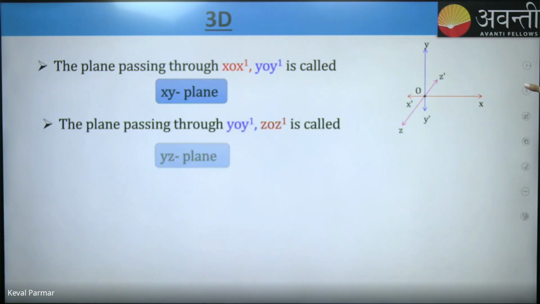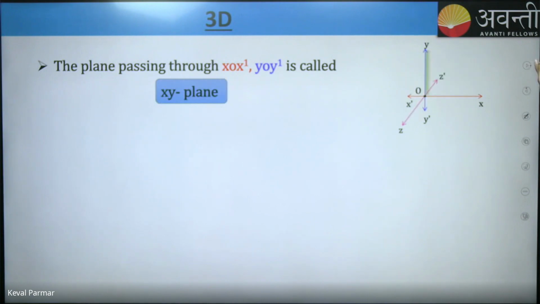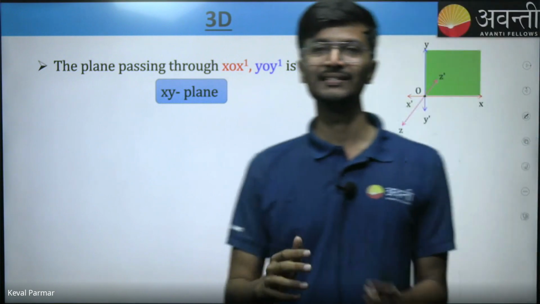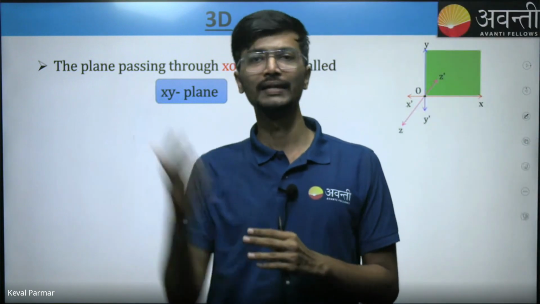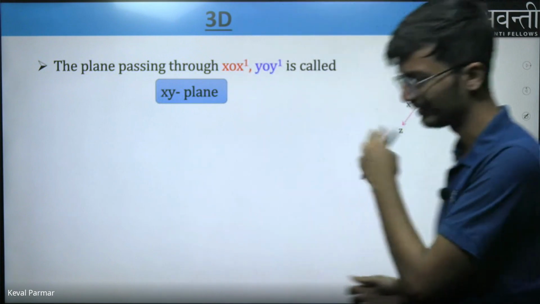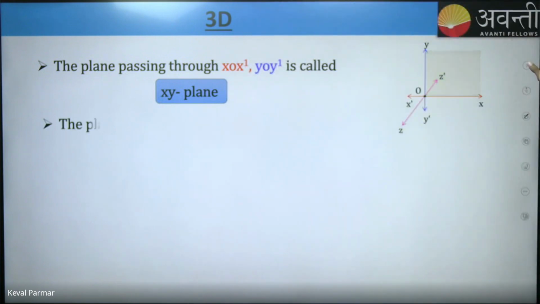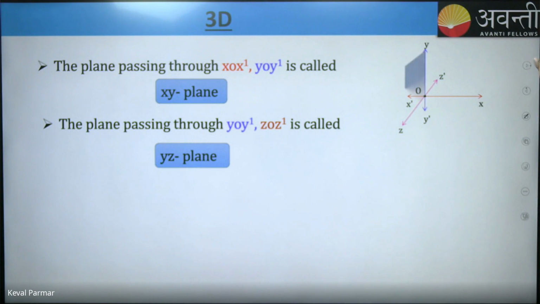These are the planes. This is the XY plane, which consists of the x-axis and y-axis together, as you can see here. The next is the YZ plane, highlighted here, which is formed by the y-axis and z-axis.